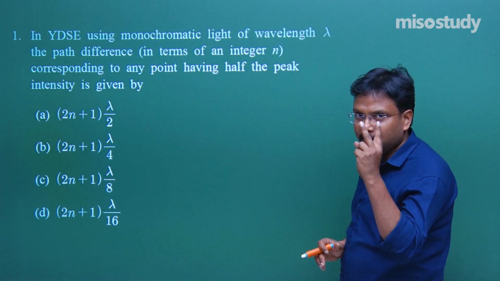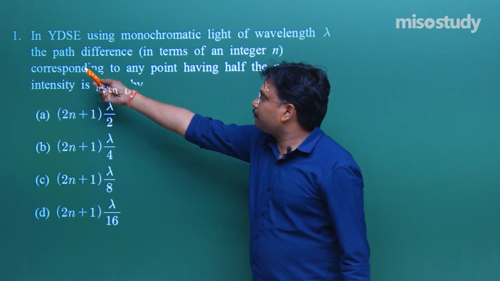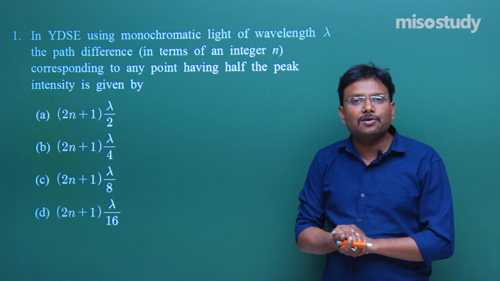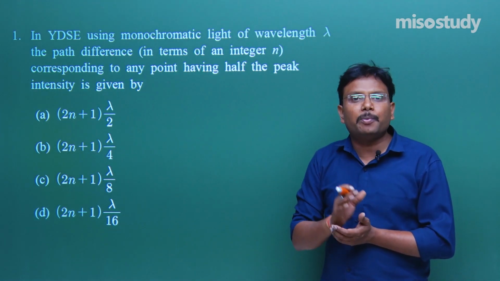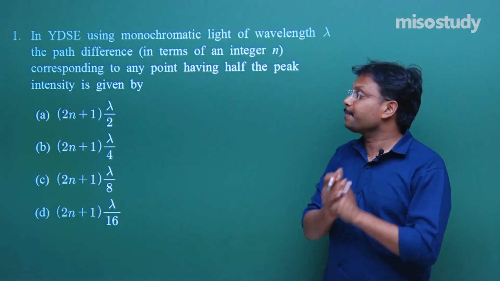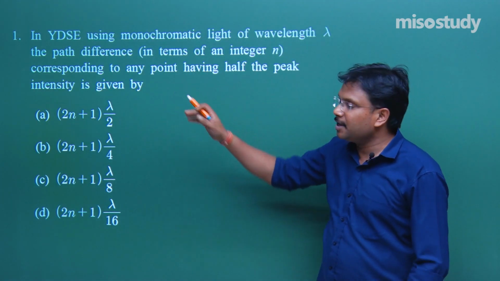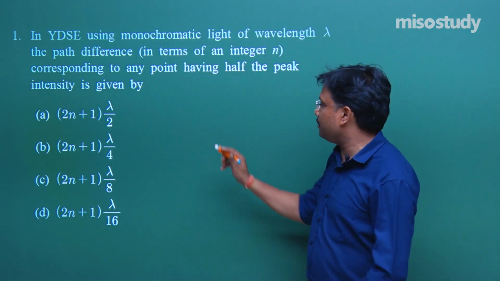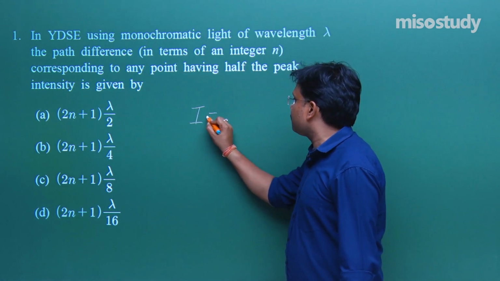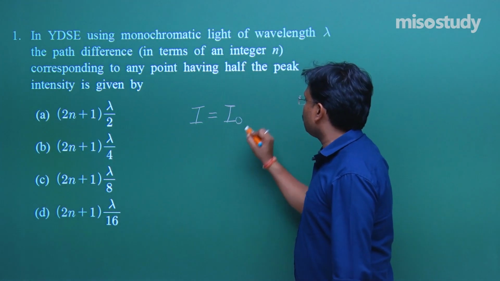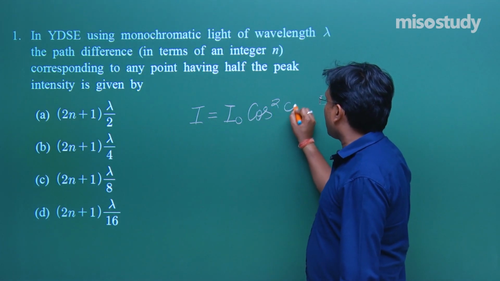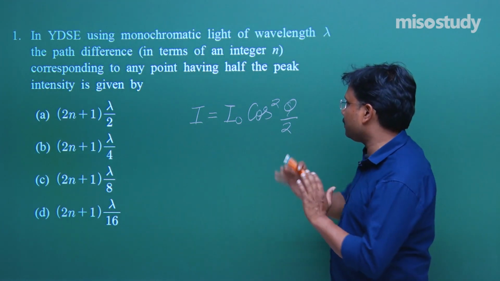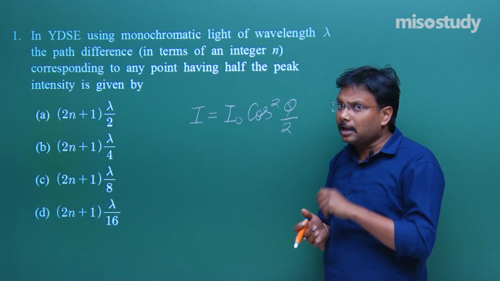Now two points are clear. Number one, we have to talk in terms of path difference. Path difference means delta x is equal to lambda upon 2 pi into delta phi, where delta phi is the phase difference. Another is something associated with intensity. We know that for Young's double slit experiment, the intensity pattern is given as I equals I naught cos square phi by 2, where I naught is the peak or maximum value and phi is the phase difference.